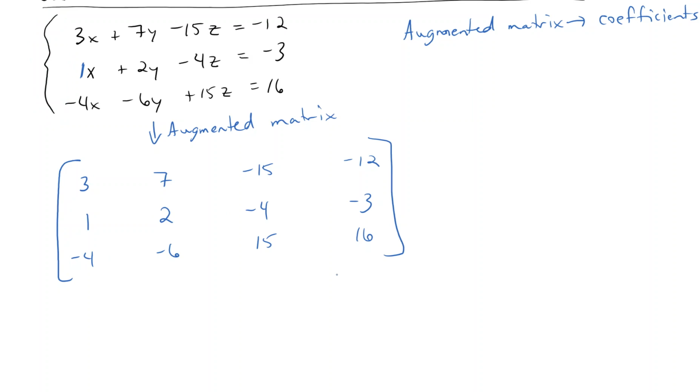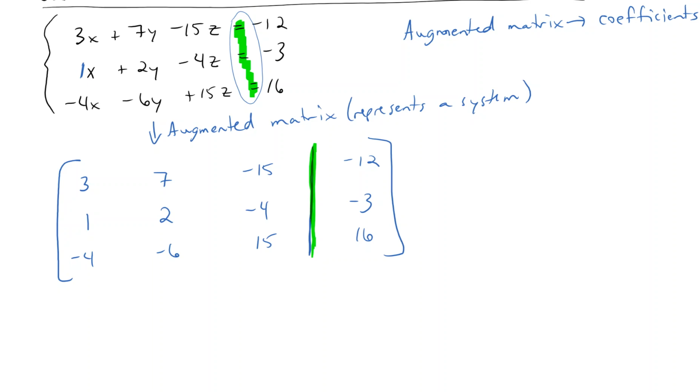And then what makes it an augmented matrix, because right now this is just a matrix, 3 rows by 4 columns, an augmented matrix represents a system. A common way to indicate that is by putting a vertical line where the equals signs are in your equations. Okay, so those kind of match up. So don't forget your vertical bar when writing your augmented matrix.